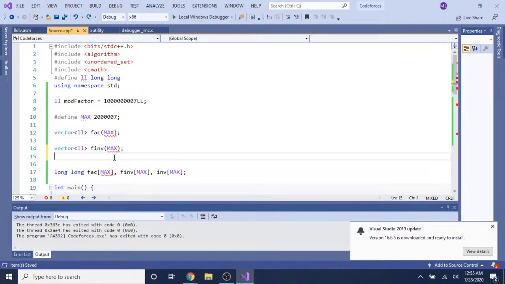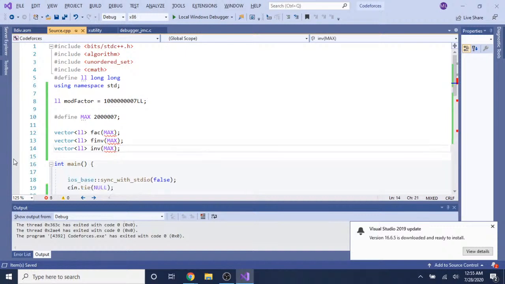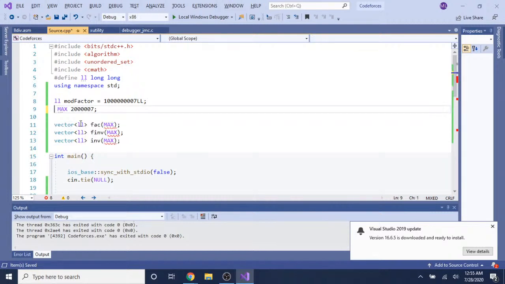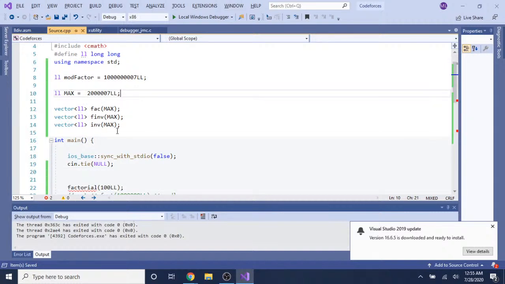We're going to create 3 arrays. Let's get rid of this. It's literally right here. Oh my gosh. Okay, whatever.